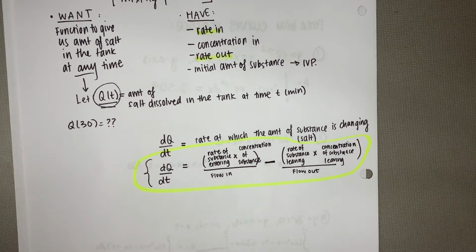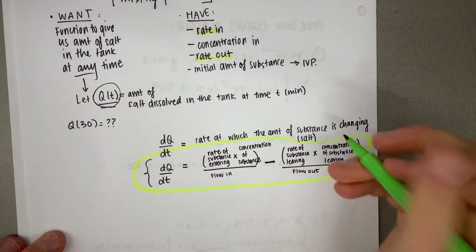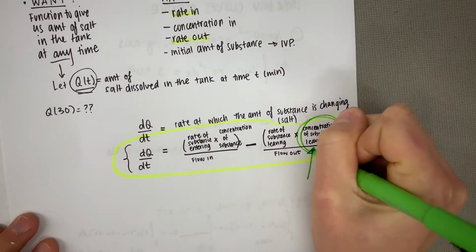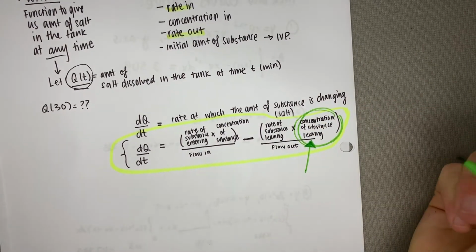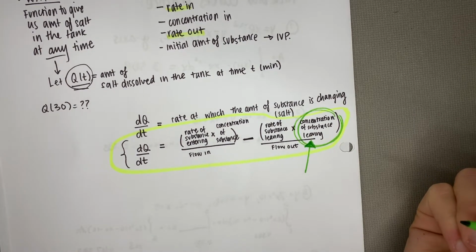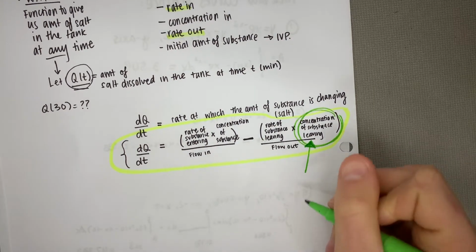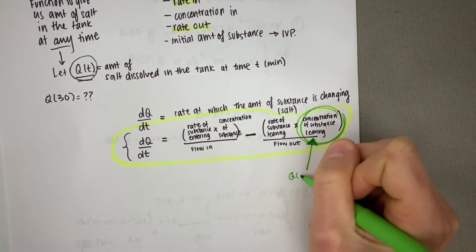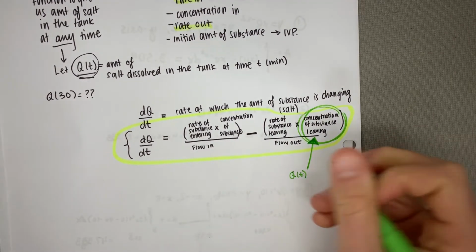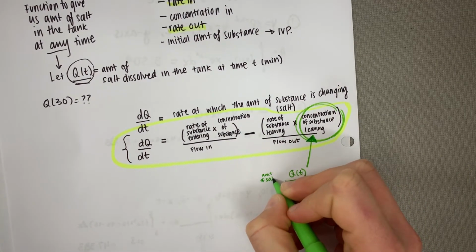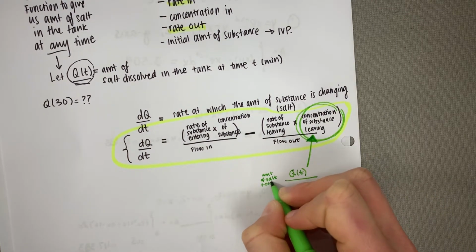And there's another aspect of this equation that we can generalize, and that is the concentration of our substance leaving. If you just scoop up a glass of water out of this salty water tank, then the concentration of the substance that you get should be Q of T, the amount of salt in the tank, divided by the total liquid.